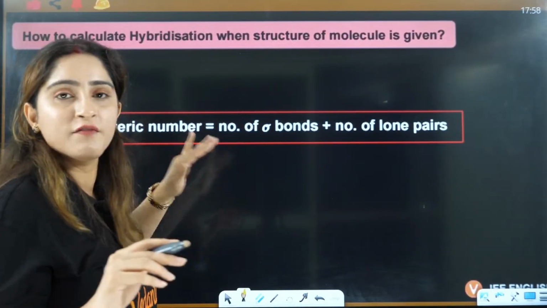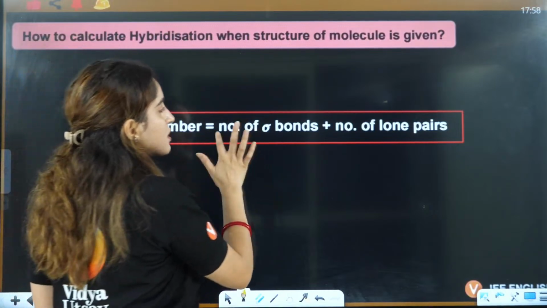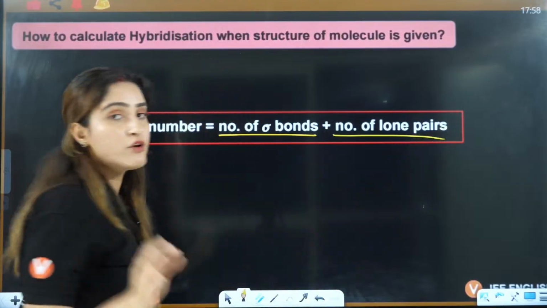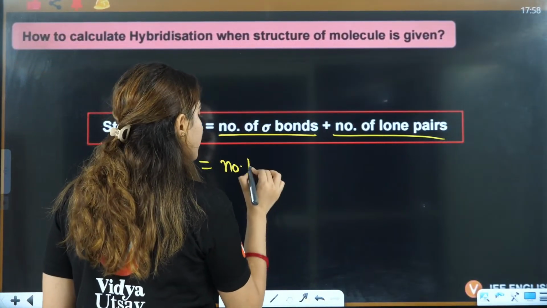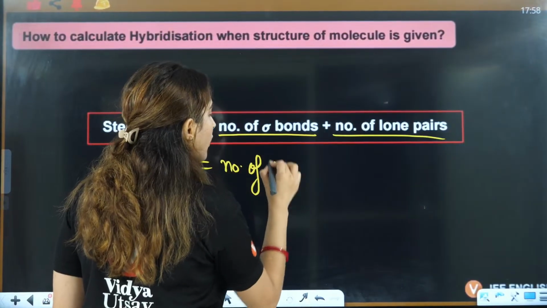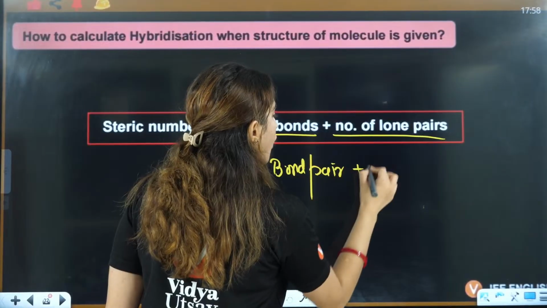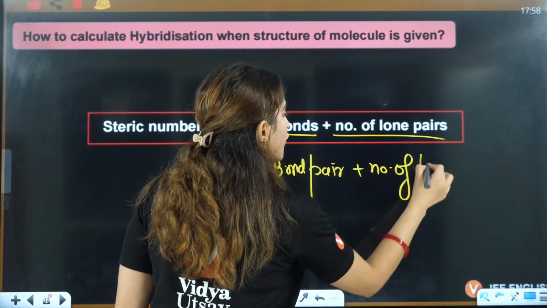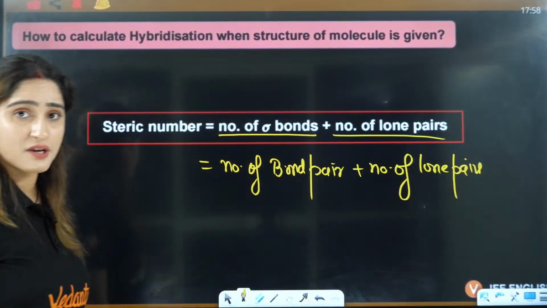Till now I was just teaching you the base. Sigma bonds means the number of bond pairs, plus the number of lone pairs. That is your steric number.